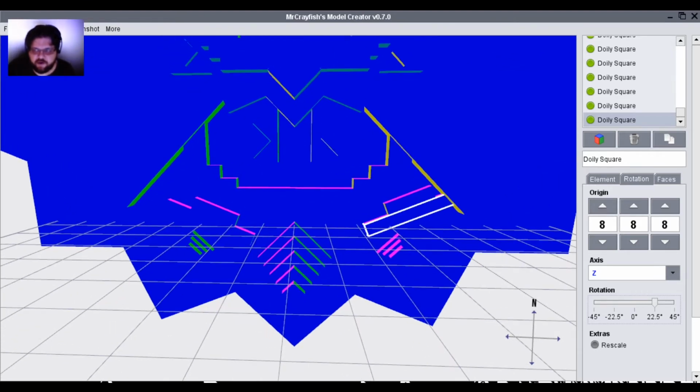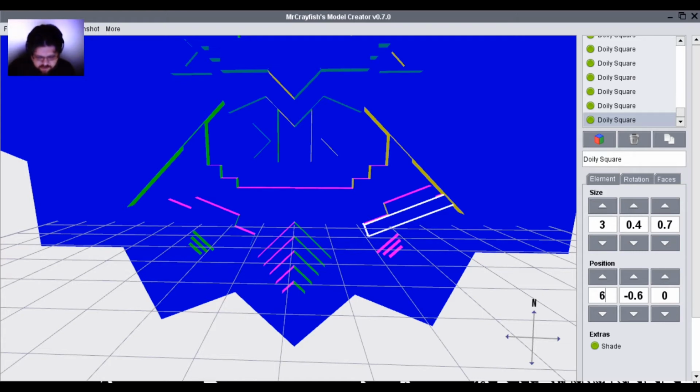That is so very close to where I want it. 6.8. 6.2. 5.8?